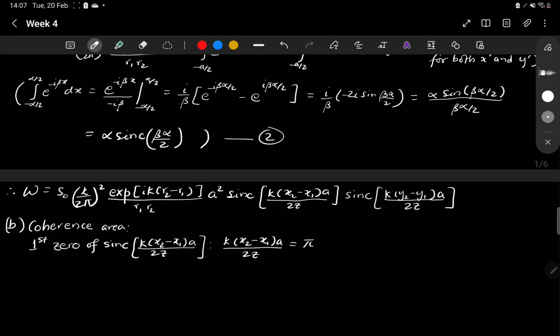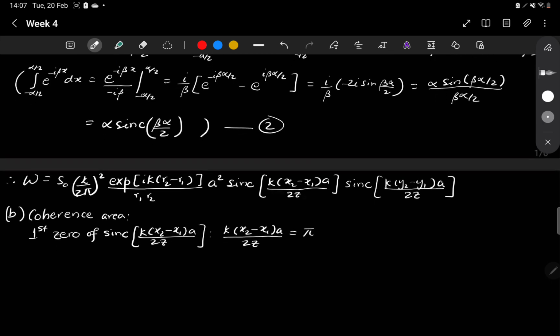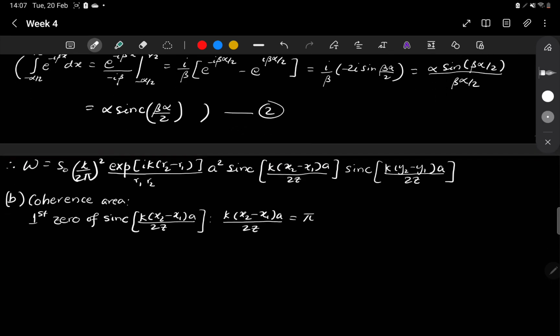That is when the first zero occurs, because sin pi is 0, and sinc 0 is actually equal to 1, because the limit of theta tending to 0 of sin theta over theta is 1. So this gives me x2 minus x1 equals 2 pi z over ka.